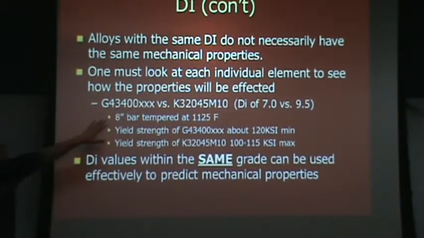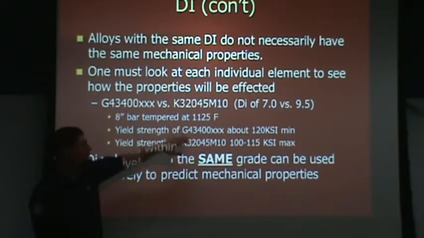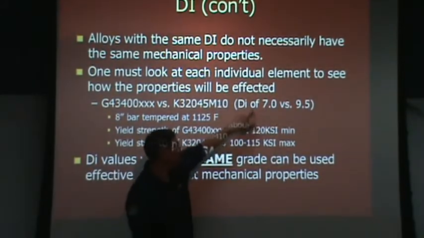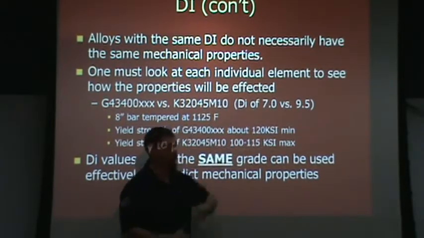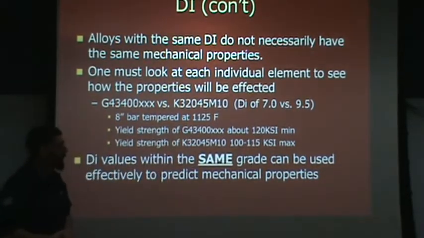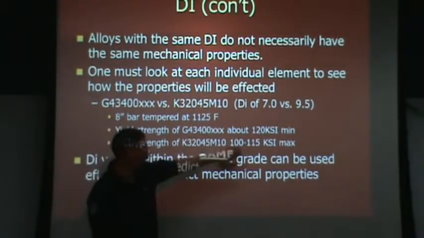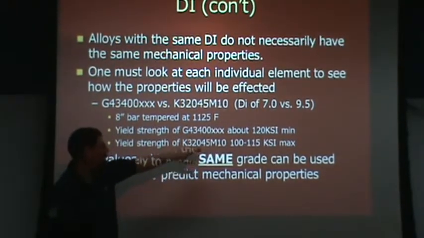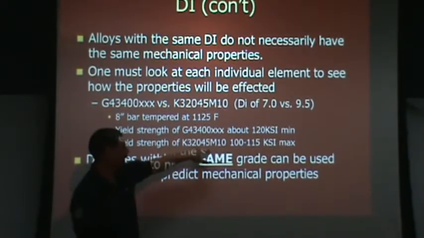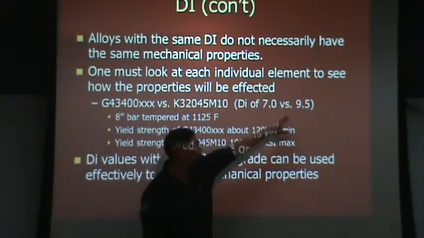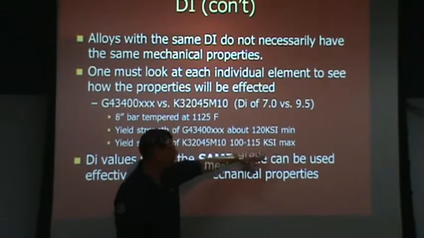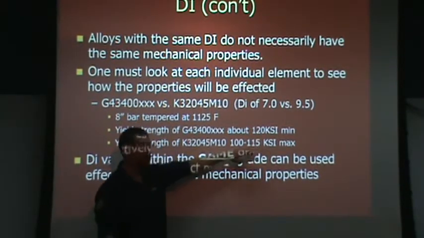So these are two different grades, and we have two different ideal diameters, one of 7.0, one of 9.5. The average yield strength of these two grades is a little bit different. What I'm trying to highlight here is that this one that starts with a K has a higher ideal diameter, but in general, its yield strength is a little bit lower.